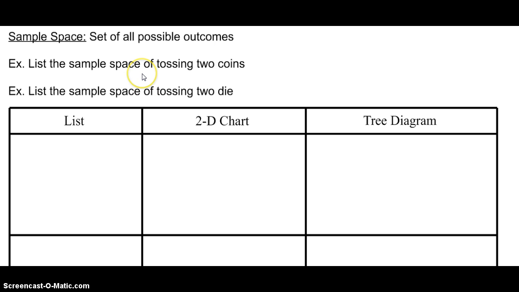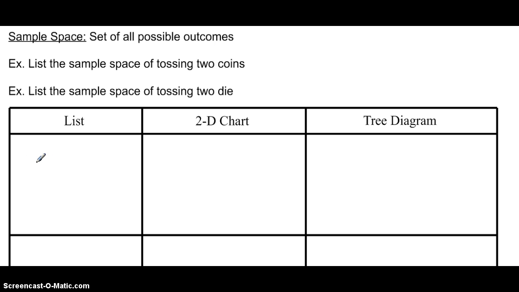We'll be talking about the possible outcomes of tossing 2 coins. So there's 2 possible. If I pull a coin out of my wallet and toss it in the air, we could only possibly get heads or tails. So we can list out the possible options of heads and tails.